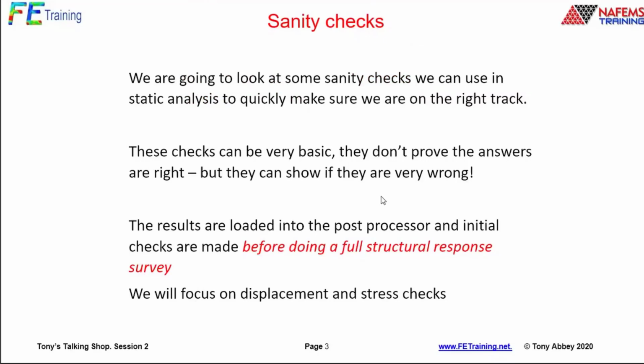Now the results are going to be loaded in the post-processor after we run this analysis. What I'm looking for then is initial checks, these sanity checks, that should be taking no more than like 5-10 minutes. Is everything in good shape? And then we can go on and do the full structural response survey. All the things I talked about in the previous slide, we can then go through those, and build up the full model response and so on.